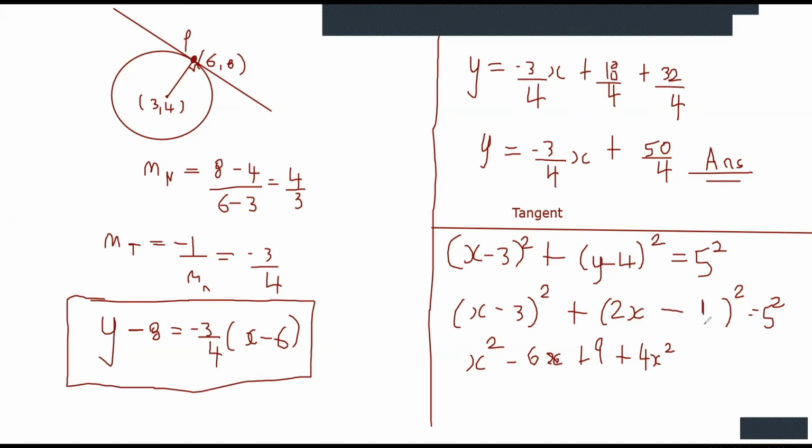So now that becomes the second term squared, which is 4x squared, minus 2 times 2 is 4, minus 4x, plus 1 squared, which is 1, and that's equal to 25. So what does this work out to be now? x squared plus 4x squared is 5x squared. Then you have minus 6x minus 4x. That's minus 10x.